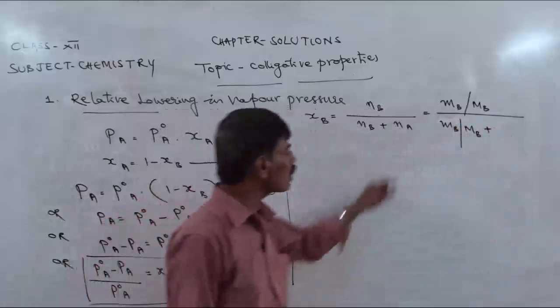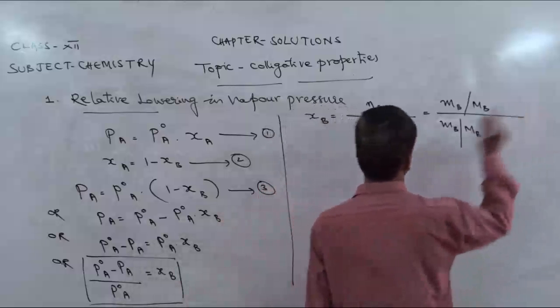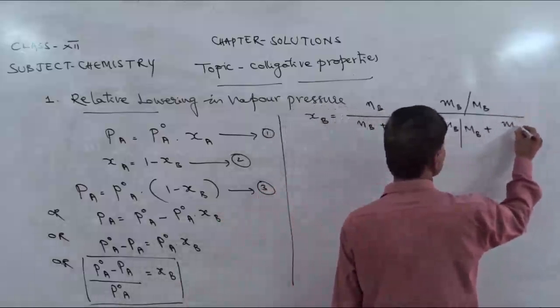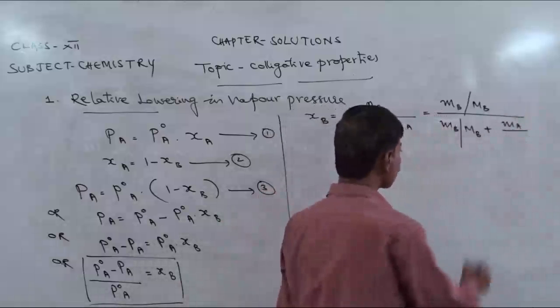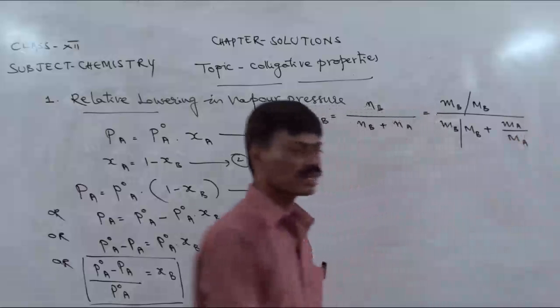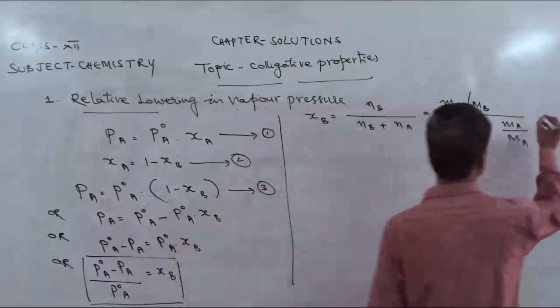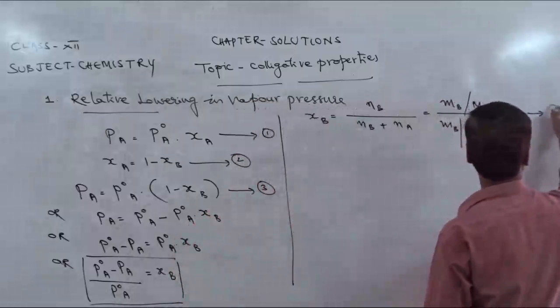NA stands for number of moles of solvent. That is equal to the mass of the solvent, small mA, divided by molar mass of the solvent. This is the expression for chi B. Let this be equation number 4.